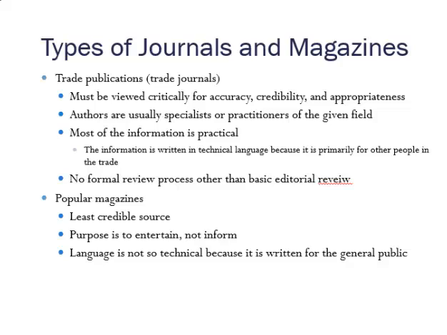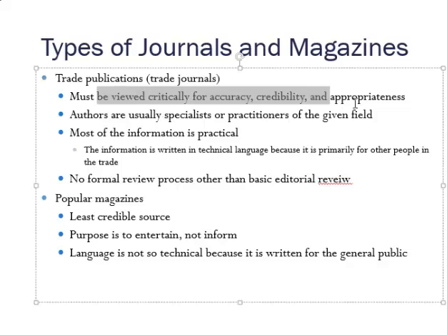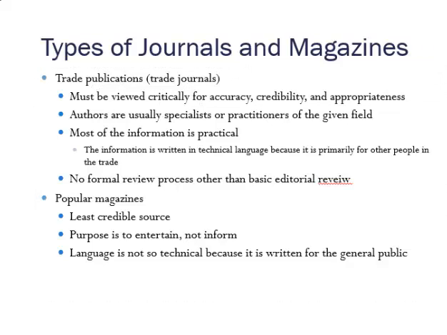They may not necessarily have the same level of scholarship. They're not really scholarly journals, but at least they're periodicals that are specifically meant for audiences in this area. They have to be viewed critically for accuracy, credibility and appropriateness, but they certainly have a certain level of credibility, more so than other newspapers and magazines.